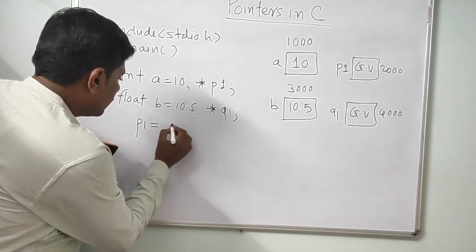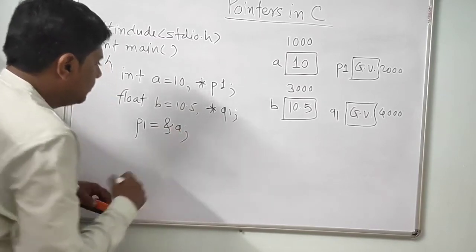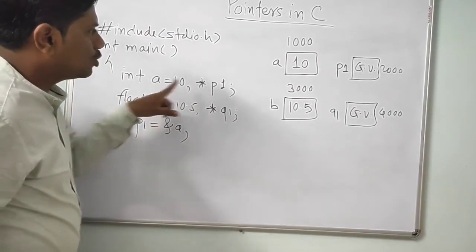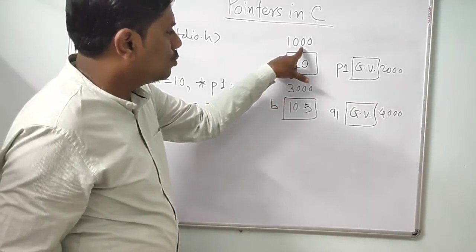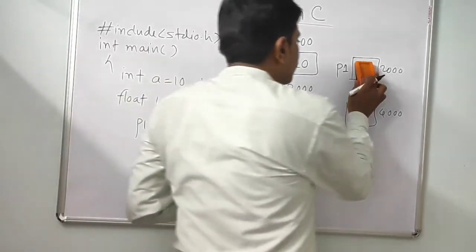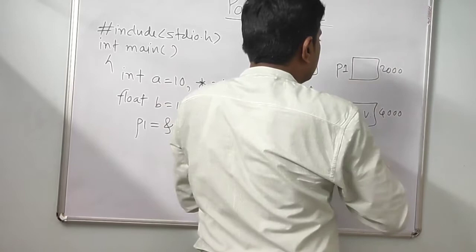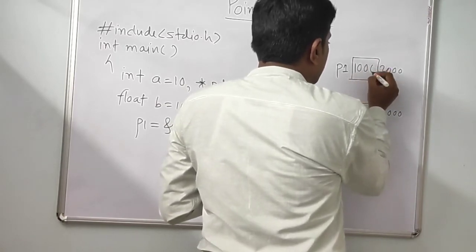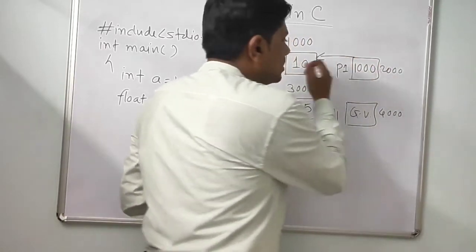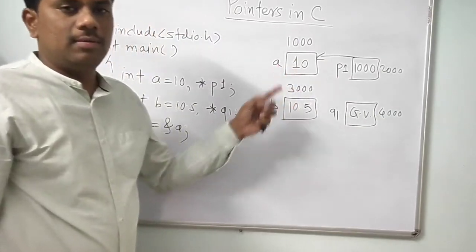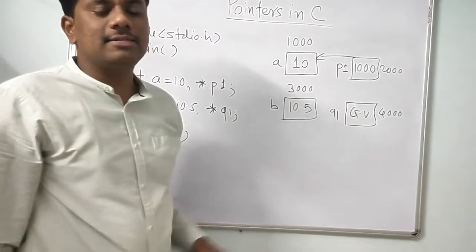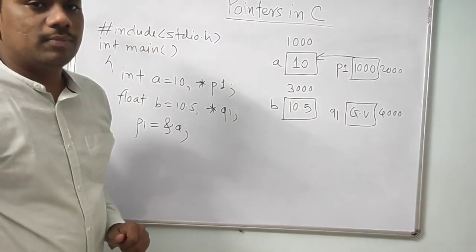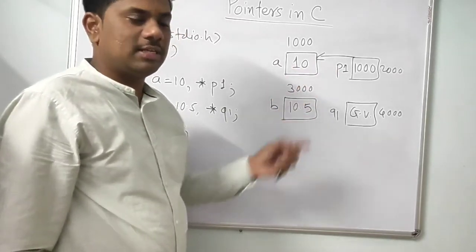So I'm storing the address of a, which is 1000, in p1. Now p1 is pointing to a variable. p1 has direct access of this 10.